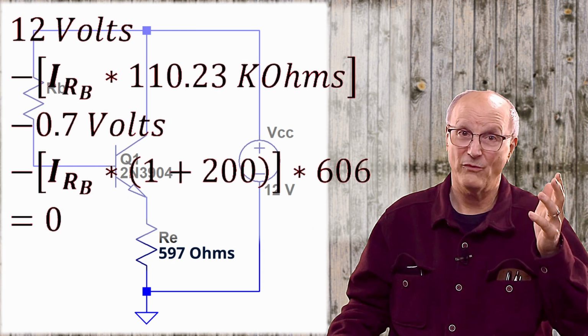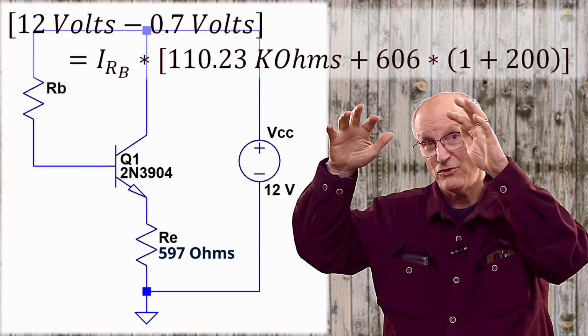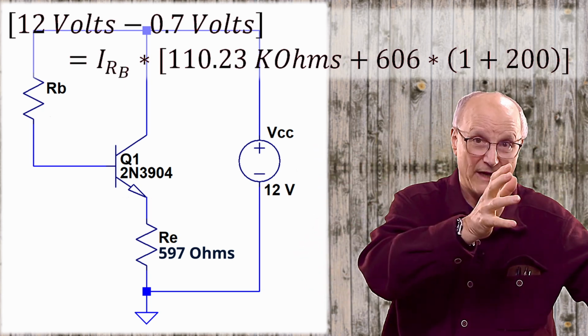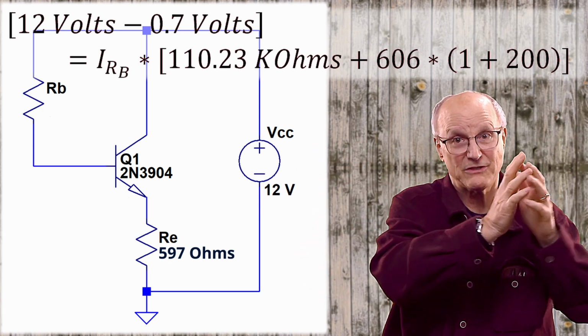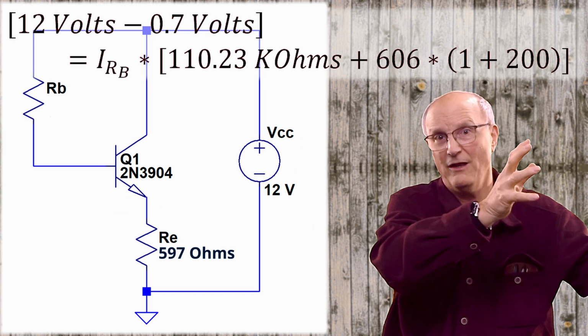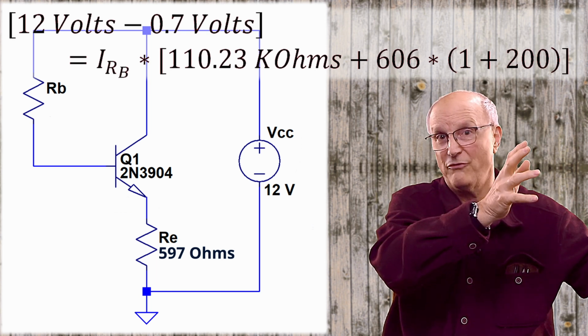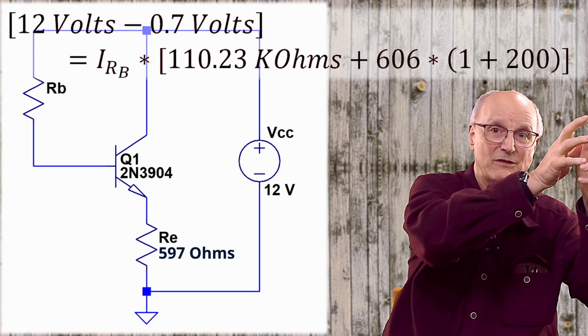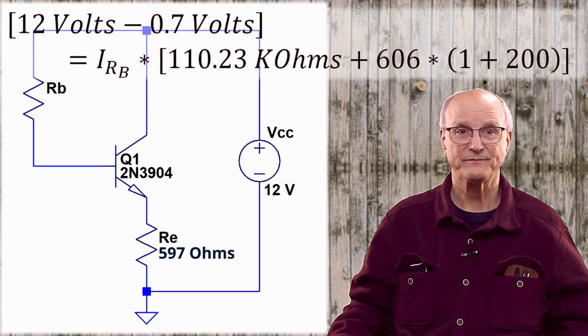And so then we get on one side 12 volts minus 0.7 volts. On the other side we get the current through the base resistor times this quantity, 110.23 k ohms, plus 606 times 1 plus 200.